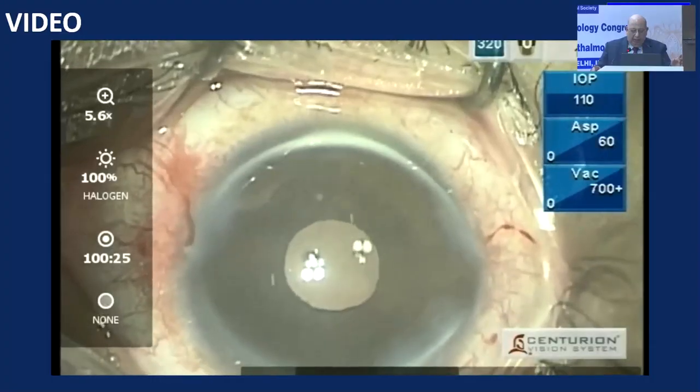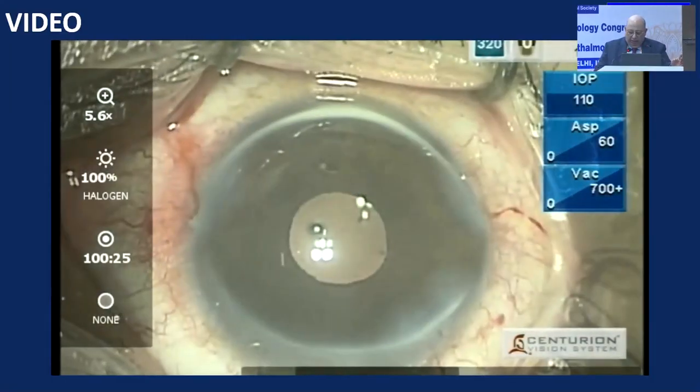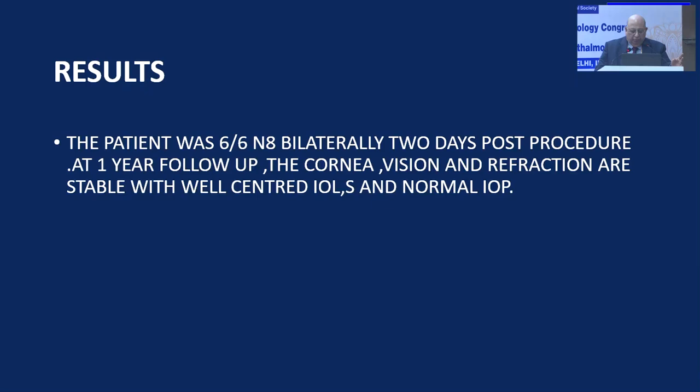And we put in an EDOF lens, which is the Rayner EDOF lens. The reason we chose an EDOF Rayner lens is because this is a 12.8 millimeter diameter lens, and it's nice and wide and big, and Rayner lenses are very stable. And as you noticed in the last measurement which was taken, 14.8 is the diameter of the cornea.